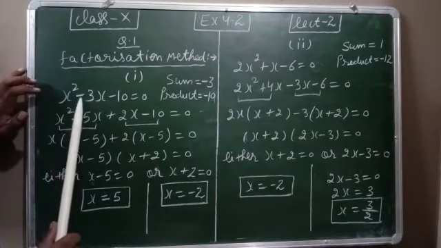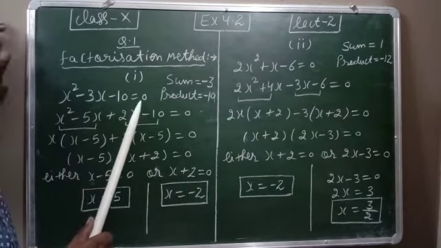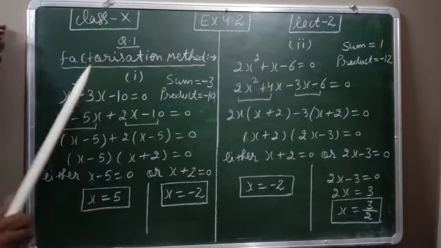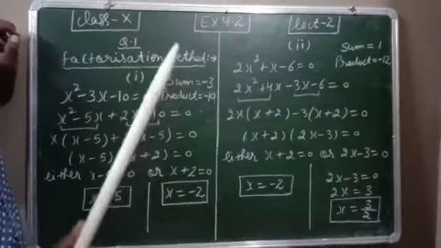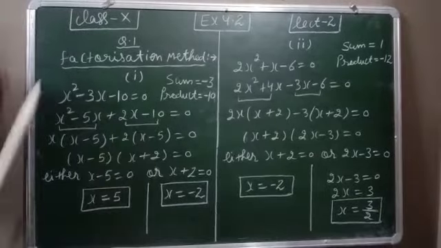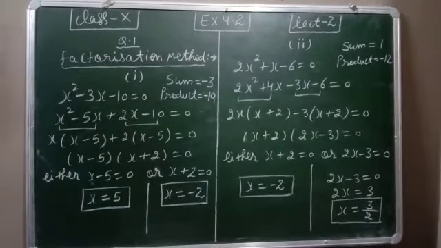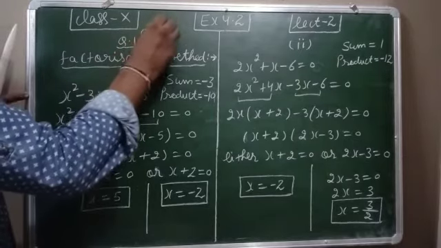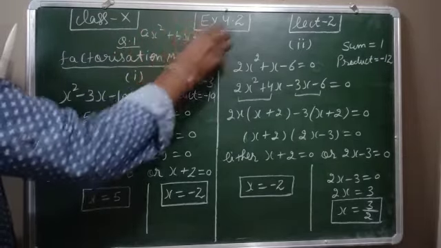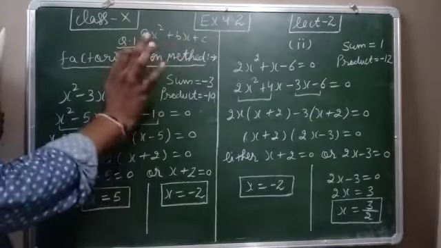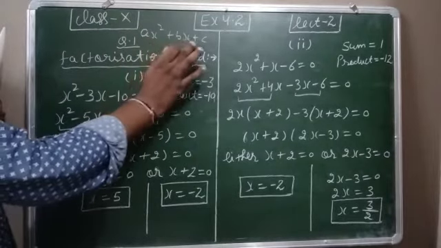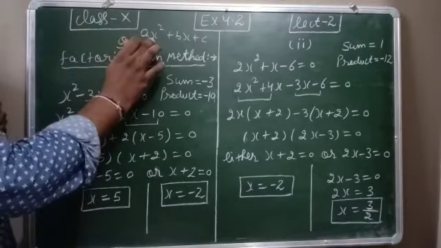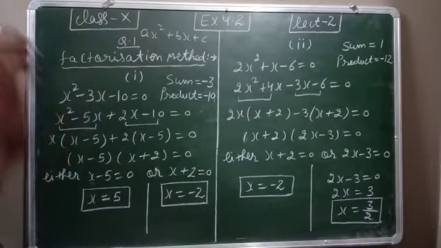Now this question is given: x² − 3x − 10 = 0. This factorization, when we studied it in ninth class, was a method of splitting the middle term, but there is a slight difference. If I write ax² + bx + c, only this, it is not an equation, it is a polynomial. For a polynomial, the name of the method is splitting the middle term.